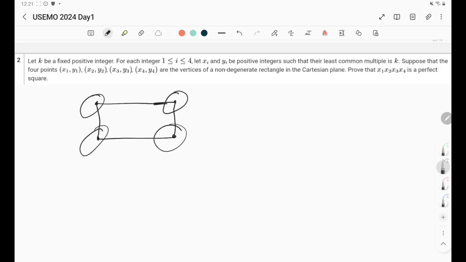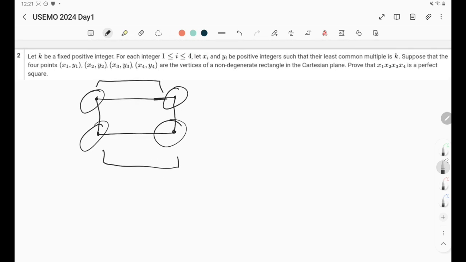That's the same as saying this vector is the same as this vector. So this immediately gives us some easy equations: x1 plus x3 is equal to x2 plus x4, and y1 plus y3 is equal to y2 plus y4. As I said, you can just say that the vector x1 minus x2 is equal to x4 minus x3.